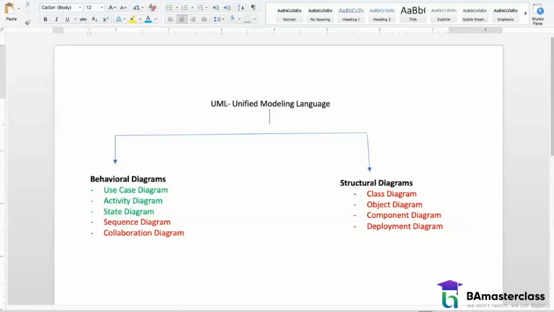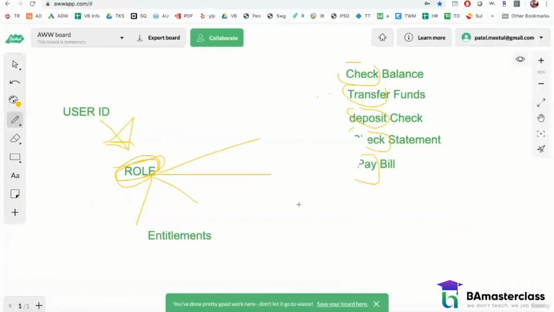So UML. So what is UML? UML stands for Unified Modeling Language. Now what happened was that when the IT world started, if a BA had to show a use case, one BA would create a rectangle and type login and would say, anytime I draw a rectangle, that's a use case for me.